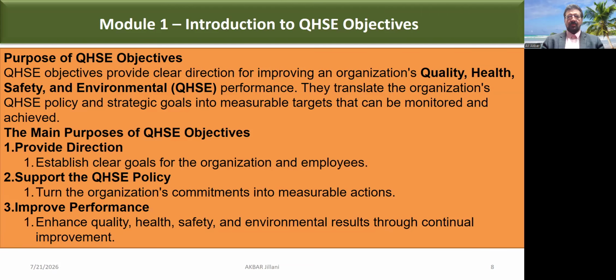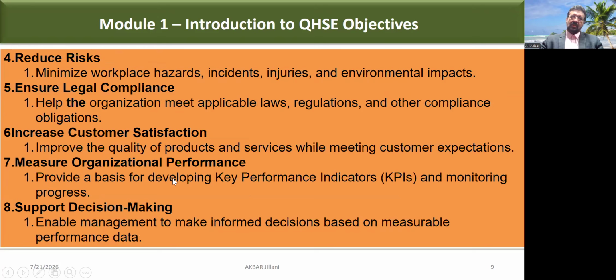To support the policy, we develop objectives. And to achieve our objectives, we develop different procedures. So it means that the policy is supported by the objectives of the organization. Now, improve performance: ensure quality, health, safety, and environmental results through continual improvement.